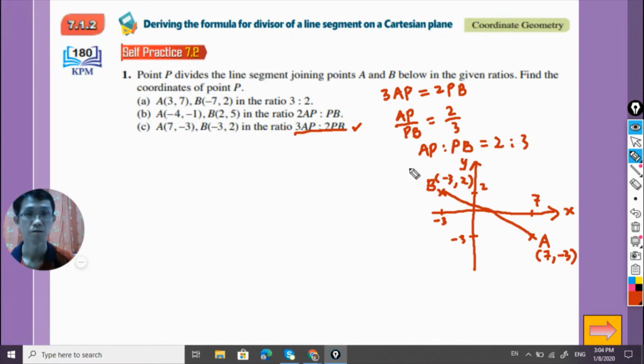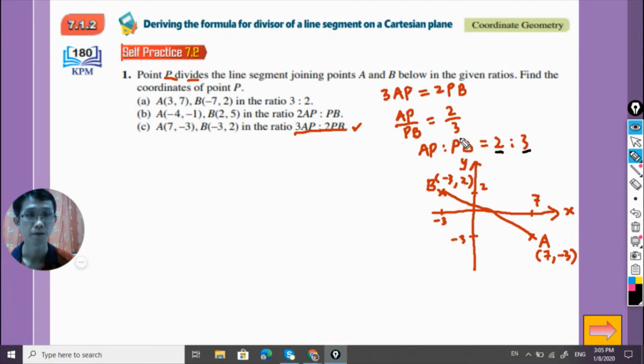Okay. So the point P is the point that divides, right? So P lies somewhere in between the line segment. So let's say the point P is here. So how do we determine the position of the point P? So we have to check the ratio given. According to the ratio that we got here, AP takes 2 parts, and PB takes 3 parts.